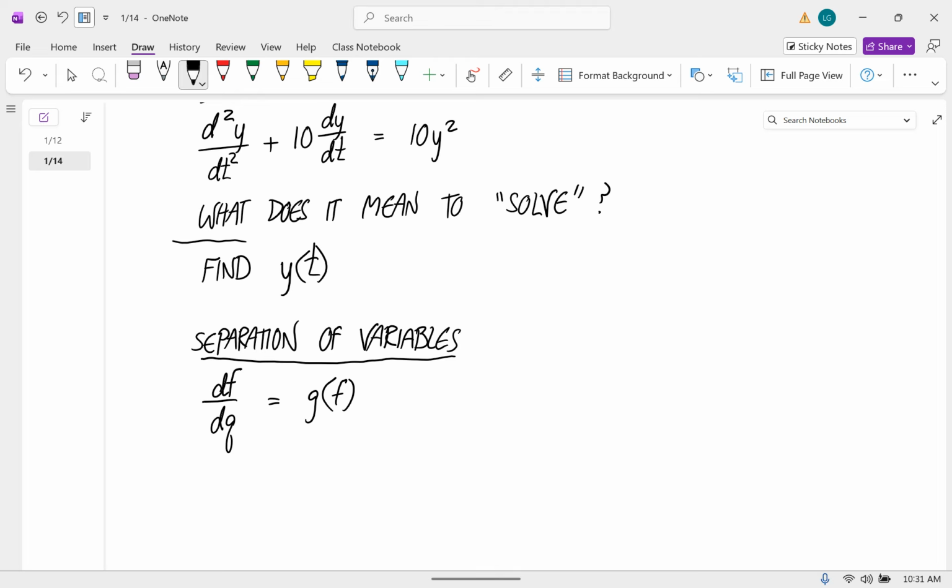Our dependent is f, okay? Our independent is q, because we're taking the derivative with respect to q. And if you can set it up as where that derivative is equal to a function of only f things times a function of only q things, then you can get all the f things on one side, all the q things on the other side.